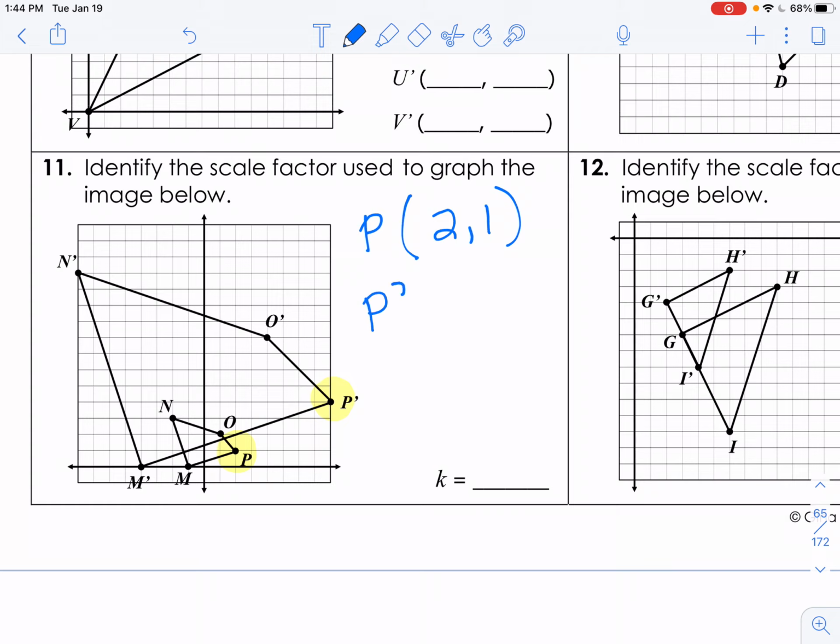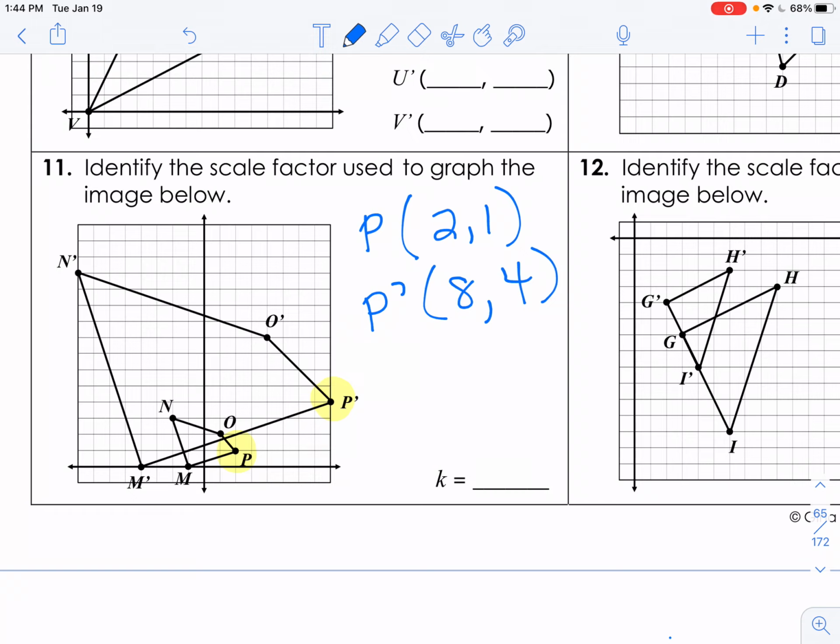Now I want to write the P prime, the second one. P prime is over 1, 2, 3, 4, 5, 6, 7, 8. And up 1, 2, 3, 4. Okay. So basically what you're doing in order to get that scale factor is you're trying to figure out what you're multiplying by to get from P to P prime.